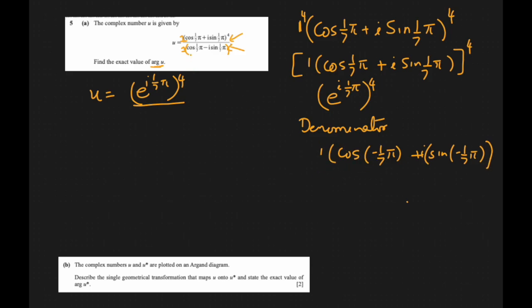And why did I do that? Because in the fourth quadrant, if the argument is minus 1 over 7 pi, it will be this way, right? And in this quadrant, cos is positive. So a positive angle becomes negative, still the cos will give us the same value. Similarly, here in the fourth quadrant, sine is negative.